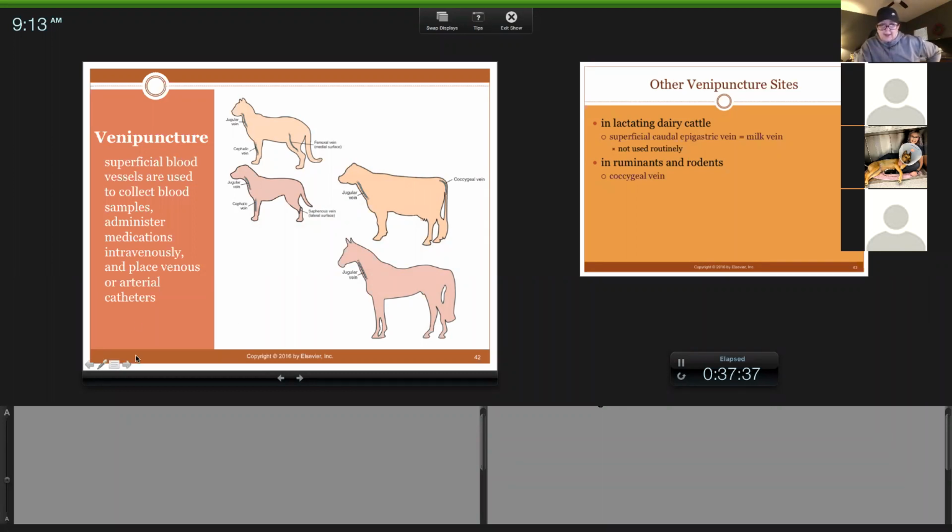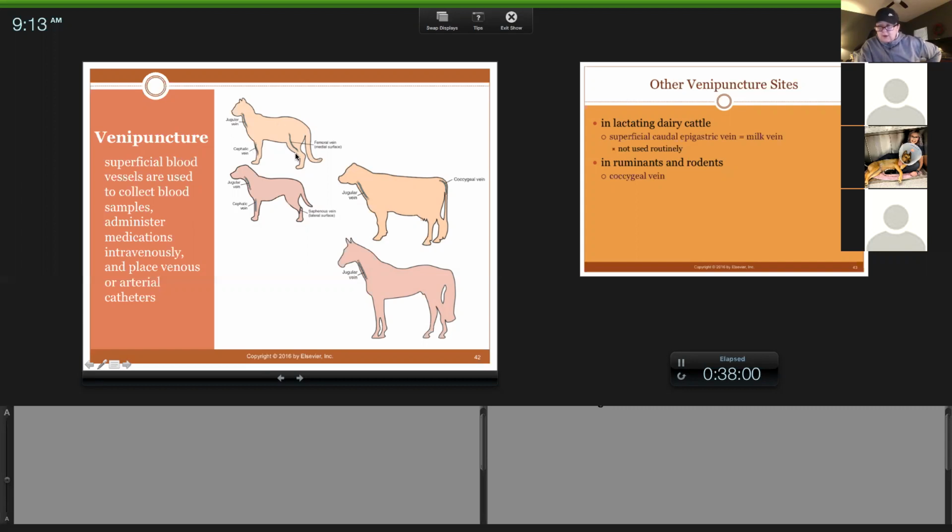So in the cat, the gold standard is going to be the jugular and the cephalic. The other thing that we do is on the inside of their back leg, they have something called a femoral vein, because that's the femoral area for the femur. So if you lay a cat on its side, you'll learn about and look at the femoral vein.